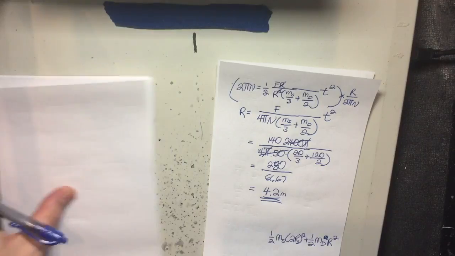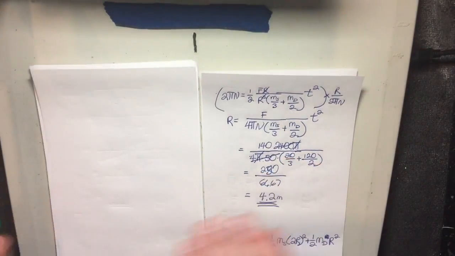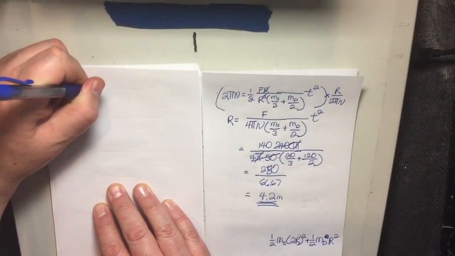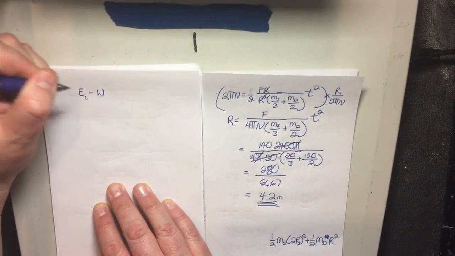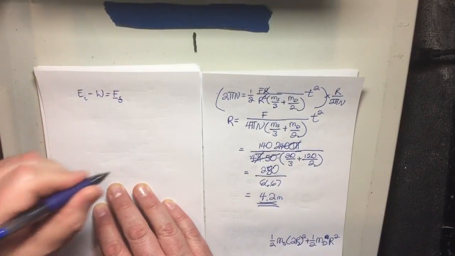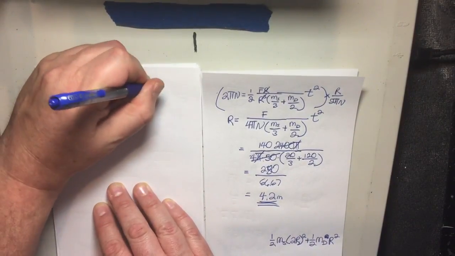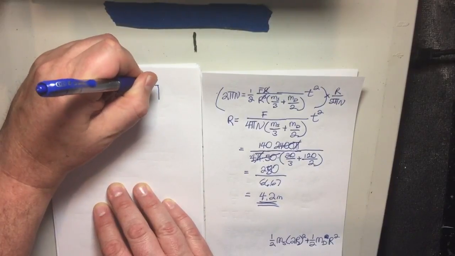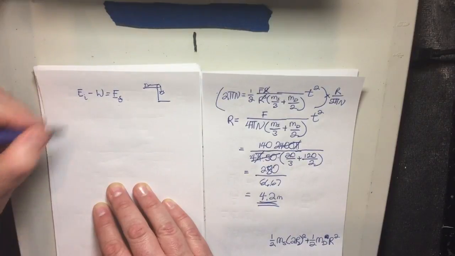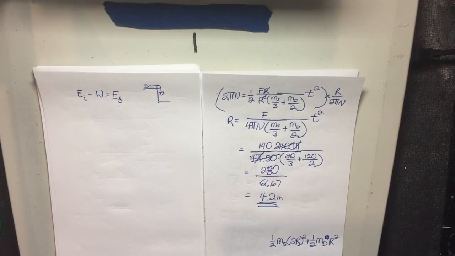So, there is friction, boo friction. Energy initial minus energy removed through friction is energy final. The initial state, not moving, only potential energy, no kinetic.